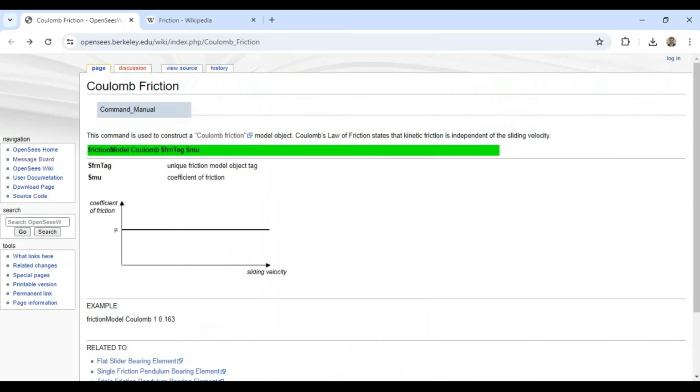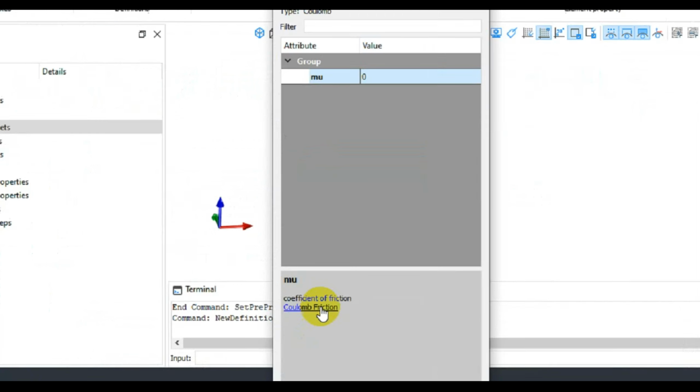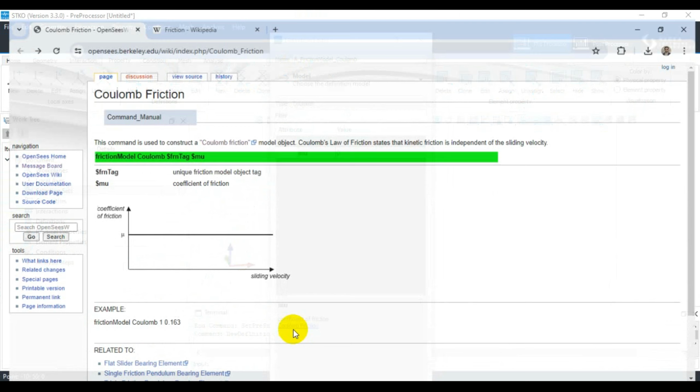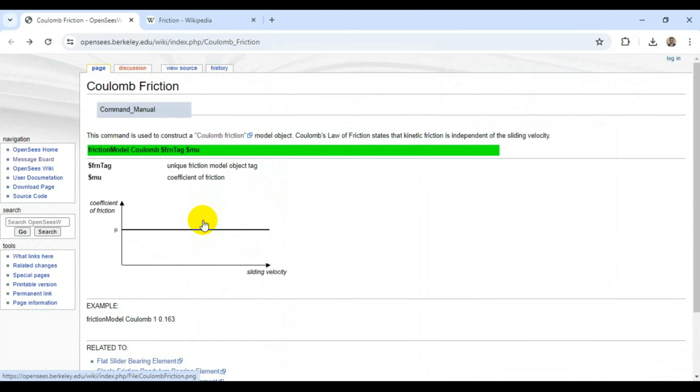You can directly access it from this region, and I already have the STKO OpenSees document open, so we can see what the key parameters are. The first key parameter is the coefficient of friction, and we have the sliding velocity here.